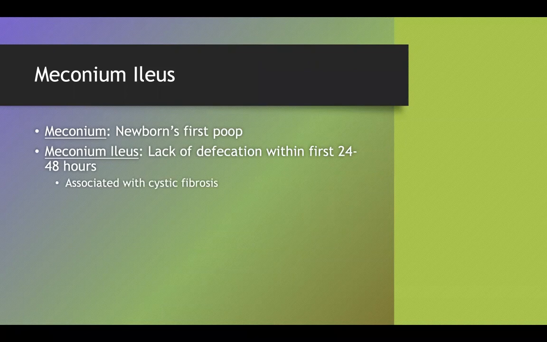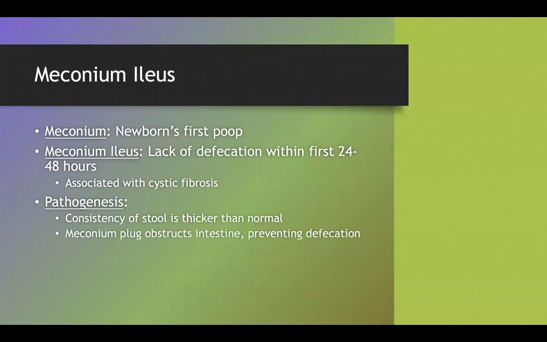This is associated with cystic fibrosis, because in cystic fibrosis there's usually a thicker consistency of stool. Because of that, the stool can create a meconium plug that obstructs the bowel and prevents any defecation whatsoever. Usually you have to go in and treat this with either an enema or surgery in some cases.